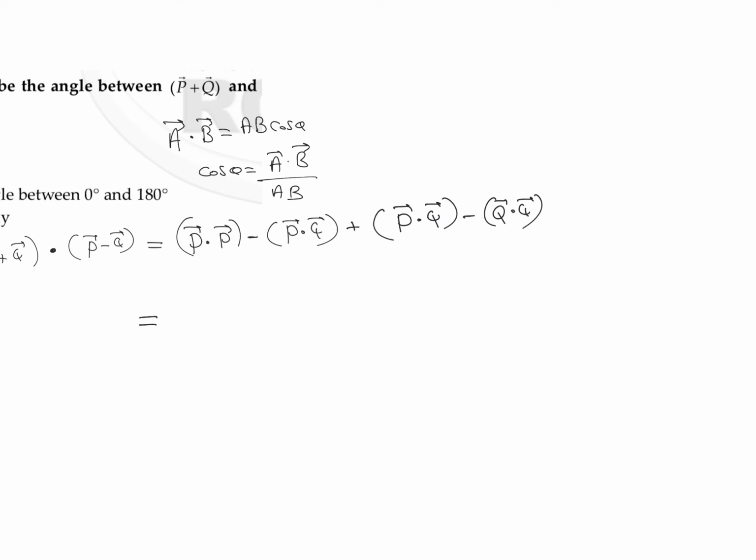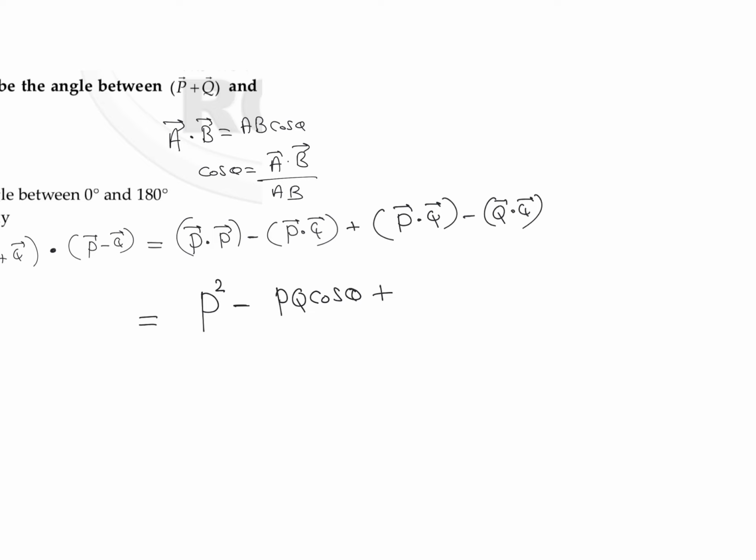Now P dot P is nothing but P into cos 0, and cos 0 is 1, so P dot P is P square. Minus P dot Q is minus PQ cos theta, where theta is the angle between P vector and Q vector. We don't know the value of the angle.